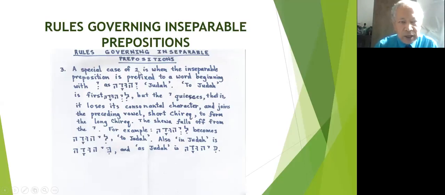So here is a special case of number 2. We're looking at the noun Yehutha, which is Judah in English. To Judah is first Li Yehutha. That is the first step. After you have shortened the simple schwa on the lameth to short hirik, the second step is to note that the yod quiesces or becomes silent.